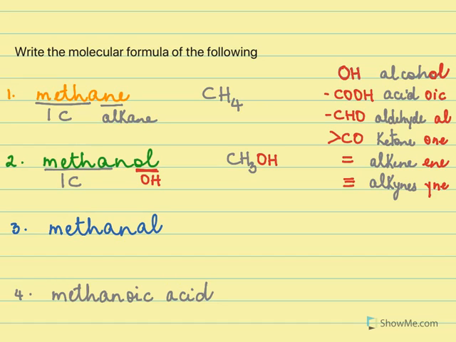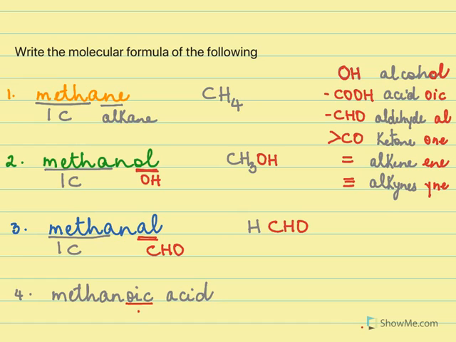Now next is methanal. Because it is al, it is an aldehyde. So CHO, and meth means one carbon. One carbon aldehyde would be CHO. The carbon is already taken up, so H. Next one is OIC.